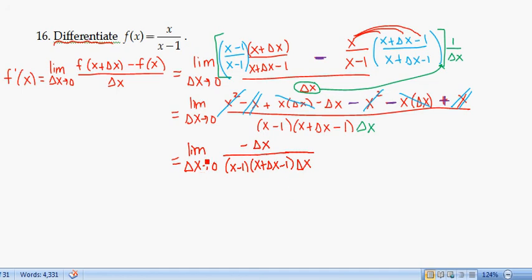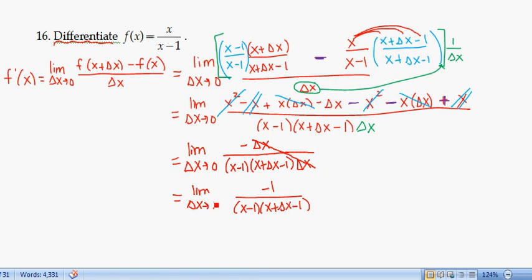Now, because I'm looking at the limit as delta x goes to 0 and not at 0, I can cancel that common factor. And so this is going to be equal to the limit as delta x goes to 0 of just negative 1 over x minus 1 times x plus delta x minus 1. This canceling allows me now to do direct substitution.